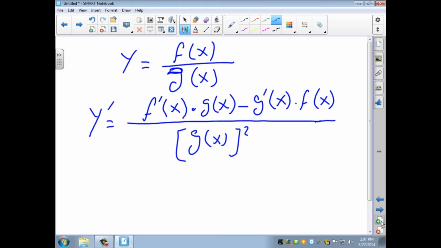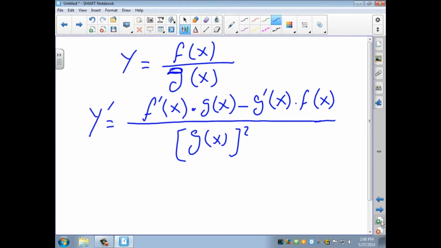Let me find some examples of this, and let's see what I have. Let's do problem 40.